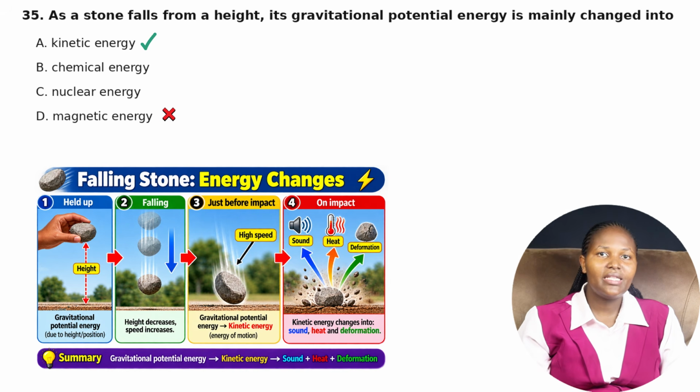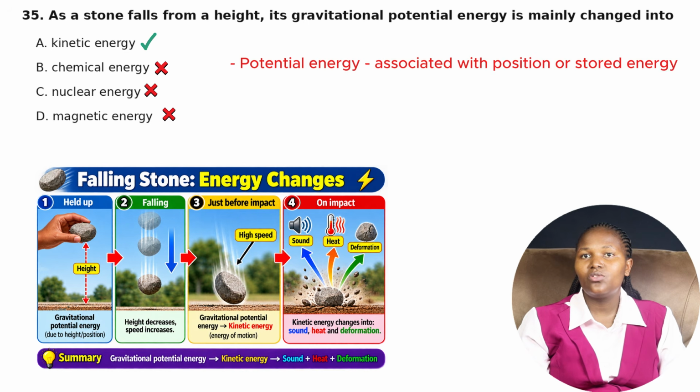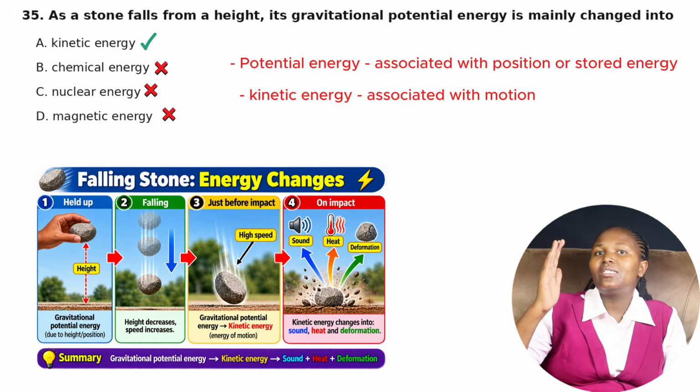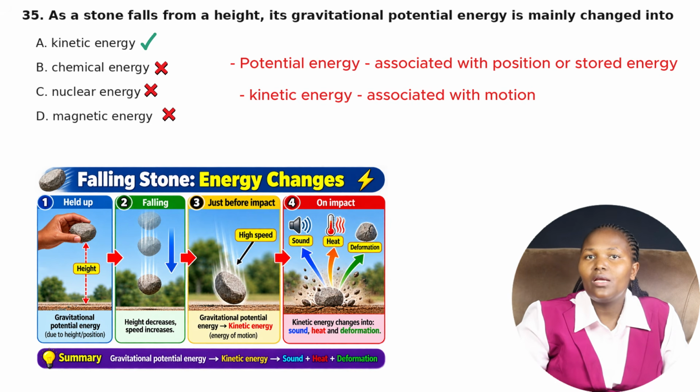The other options there are not correct because they are not the main transformations that occur during the fall. For your exams, when you meet such kind of questions, remember that the potential energy is associated with position or stored energy, while kinetic energy is associated with motion. When an object is falling and speeding up, think of potential to kinetic.